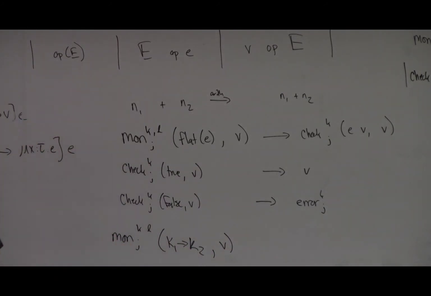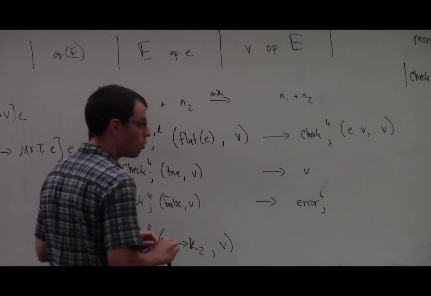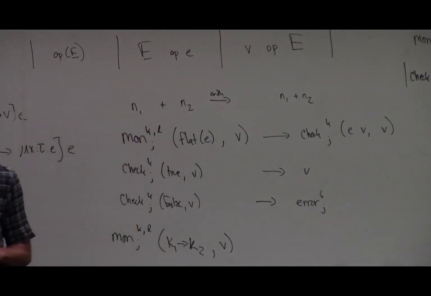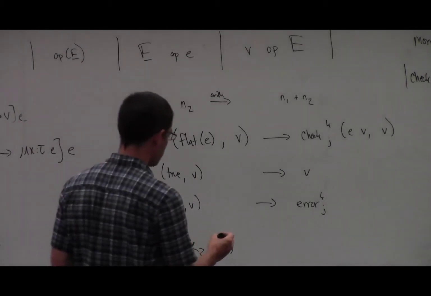So we've got some value, which is being monitored with a function contract. And what we're going to do is produce a new function that's going to do this checking internally. And this is the key insight for how to implement higher order function contracts.